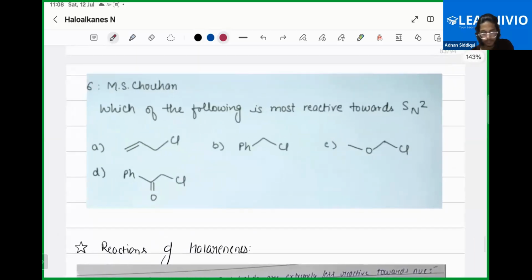Now, this is a question again. You have to tell me which one will have the best reactivity towards SN2. Tell me.